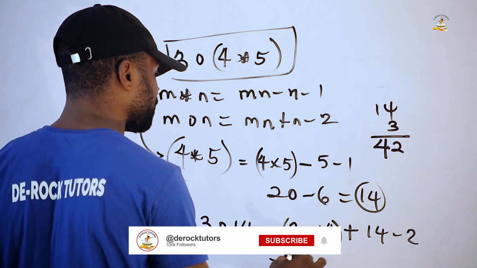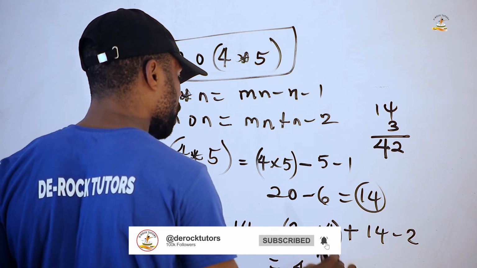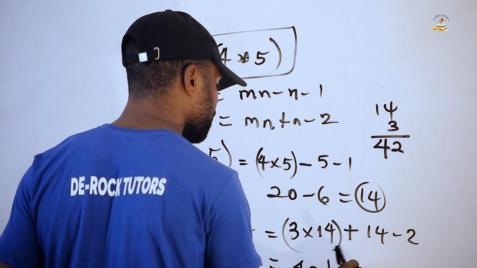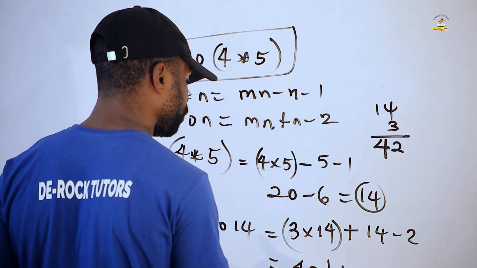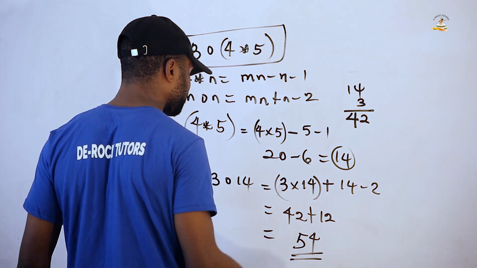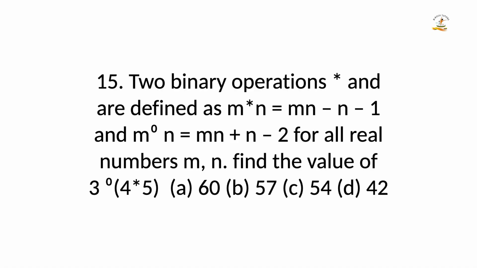So you have it as equal to 42 plus, this is 14 minus 2 is 12. Adding the 2 together, you have 54. So the correct answer is 54, which is option C.